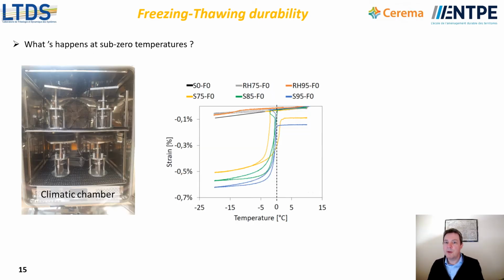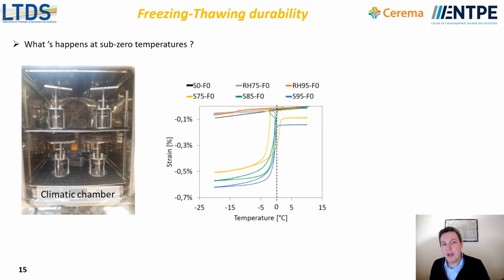One second point we wanted to test is the behavior of the material due to freezing-thawing cycles, but at constant water content. For that purpose, we put several samples in climatic chambers, and we measured their strain during temperature cycles between minus 20 degrees and plus 10 degrees.